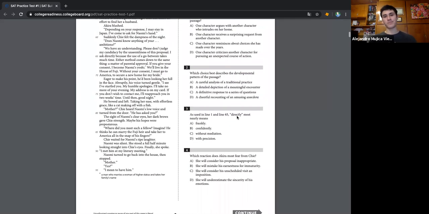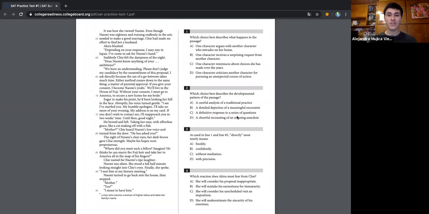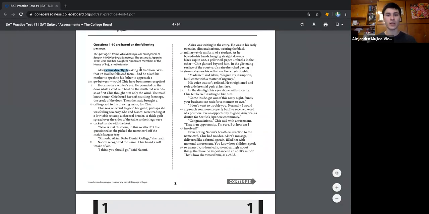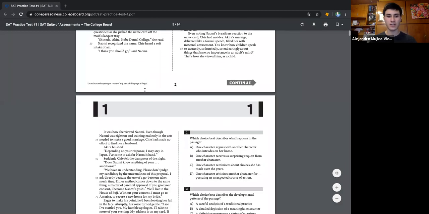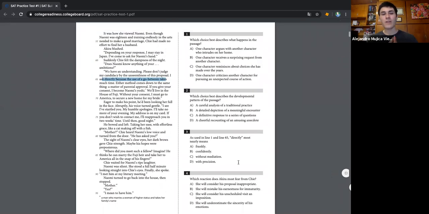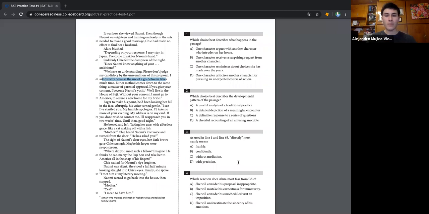Number 3: as used in lines 1 and 65, "directly" most nearly means, let's look at that. Akira came directly, breaking all tradition, and I asked directly because the use of a go-between takes much time. The choices are frankly, confidently, without mediation, and with precision.